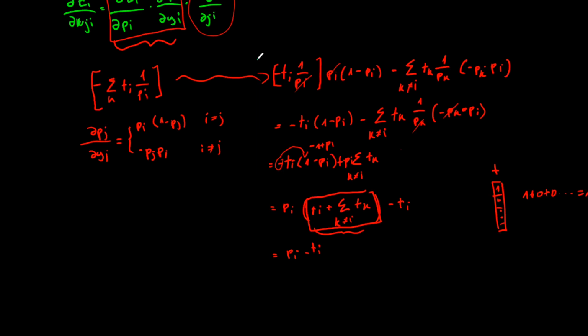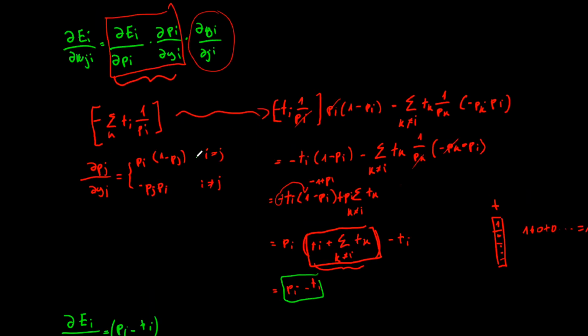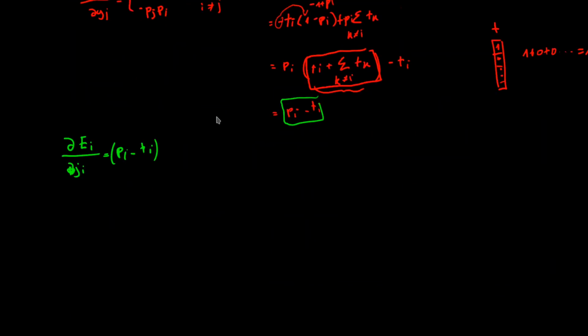So if we go back and replace this part with this result, we obtain that the derivative of e_i with respect to w_ji is the same as p_i minus t_i, multiplied by the derivative of y_i with respect to w_ji, which we said was h_j.